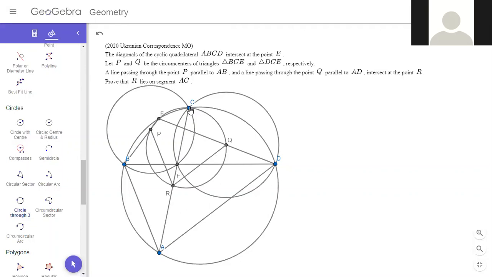And then once we know that, it seems like there's enough information here. Yeah, okay.